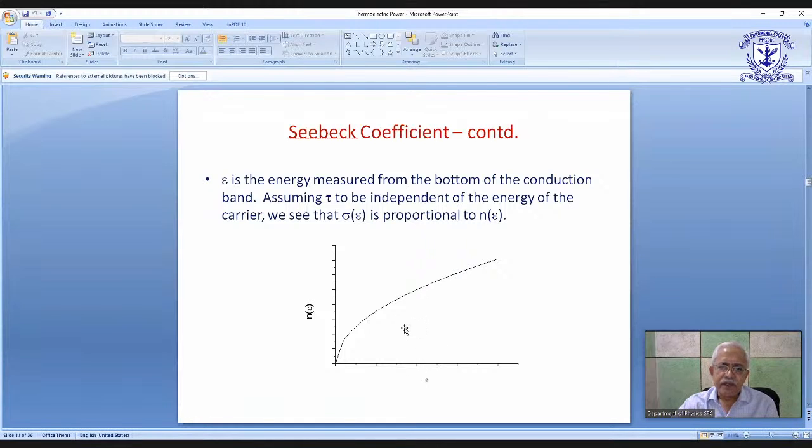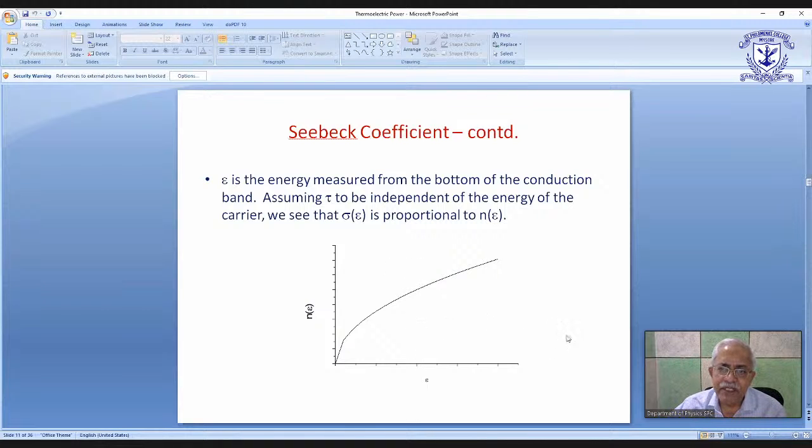What we should note is that the Fermi level for a metal is quite high. It is of the order of several electron volts, may vary from about 2 to 10 electron volts. Whereas for a typical semiconductor, the Fermi level is much less. So the graph will go like that and then come down, because the Fermi level is much lower in semiconductors. Fermi level in semiconductors would be less than 1 electron volt typically. So this aspect you must remember.